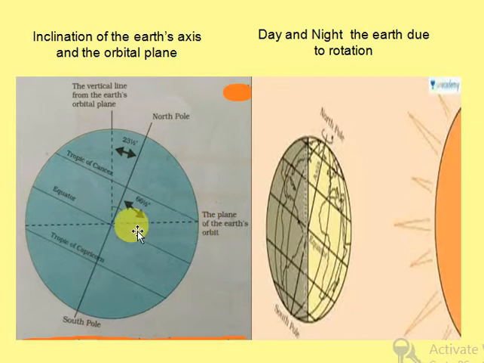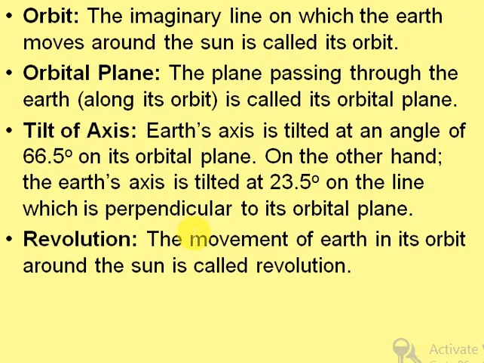So this is the orbital plane. Watch it carefully. The plane passing through the Earth along its orbit is called its orbital plane.